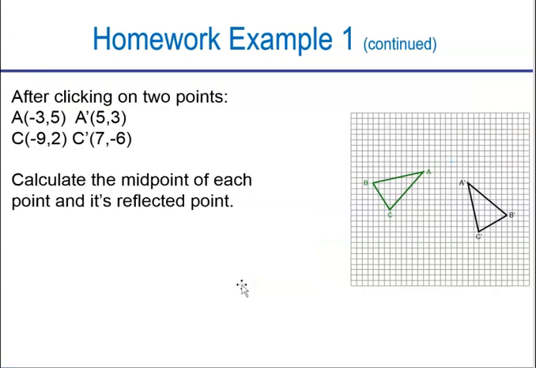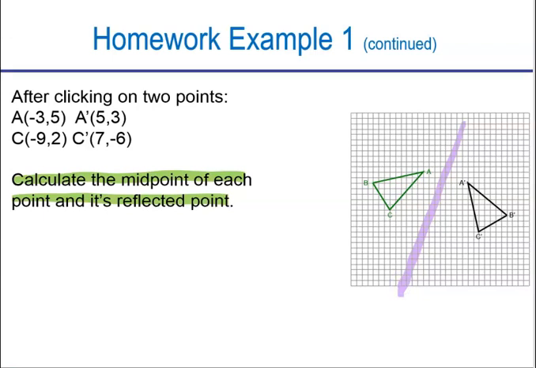Okay, so my next slide, I went ahead and gave you that information. I found out what they are. Okay, now here's what we've got to do to pull this job off. We've got to calculate the midpoint of each point and its reflected point. So remember, I gave you kind of the reflected line's going to look about like that. Here's the idea of what we're doing.